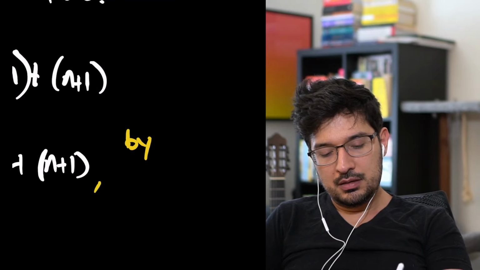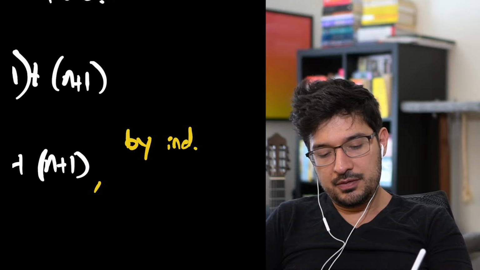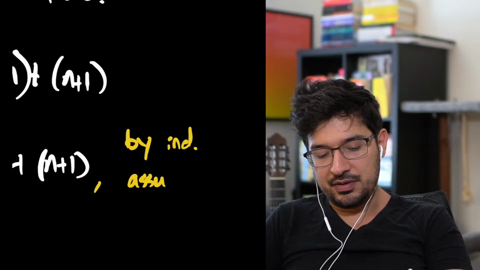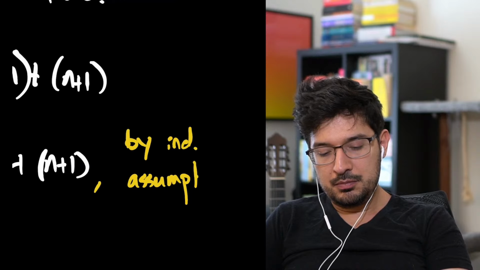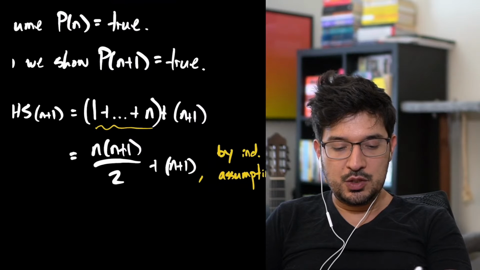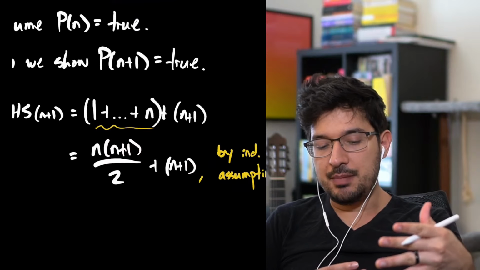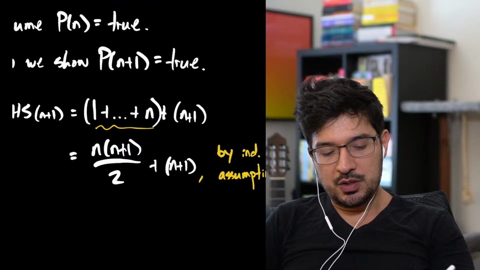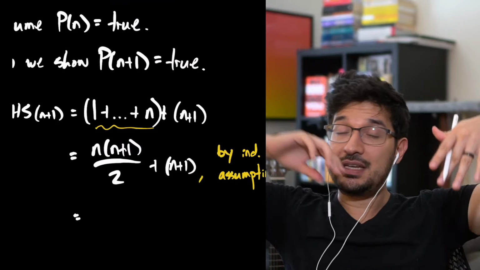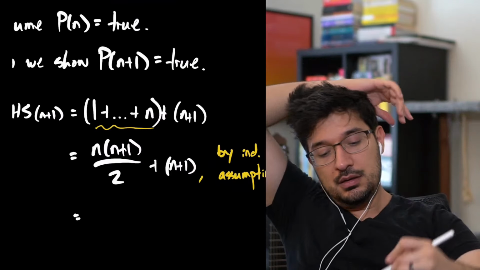By inductive assumption, or inductive hypothesis, we assume that it's true up to a number, and now we want to show that if it's true for one number, then it must be true for the next number as well.